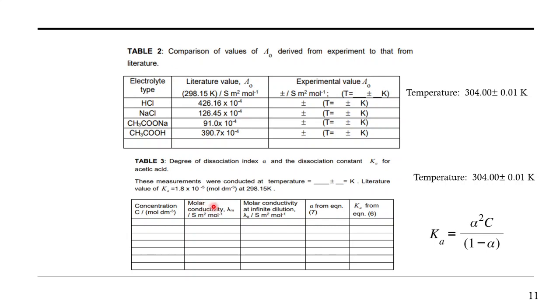Okay, and then you have the molar conductivity of that, and then you have the molar conductivity at infinite dilution, which is also calculated, and you get the value of this alpha from the equation that was given just now, and from that you just calculate the value of this.